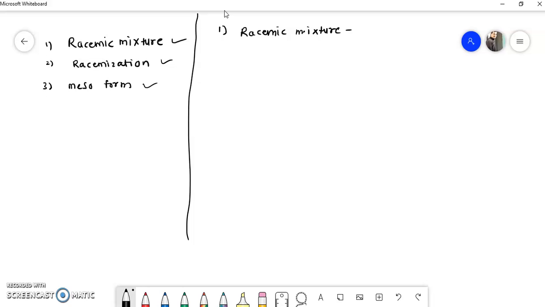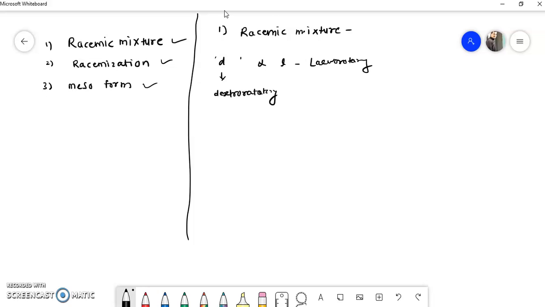Before studying the racemic mixture, we have to recap enantiomers. We know that enantiomers are non-superimposable mirror images of each other, and they are denoted by D and L form. D for dextrorotatory and L for levorotatory.